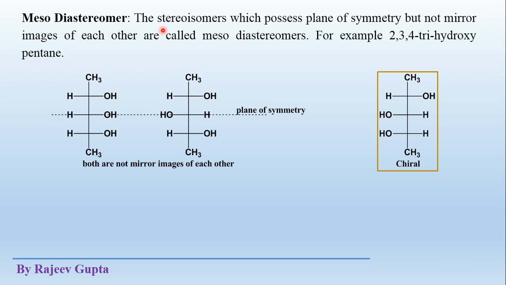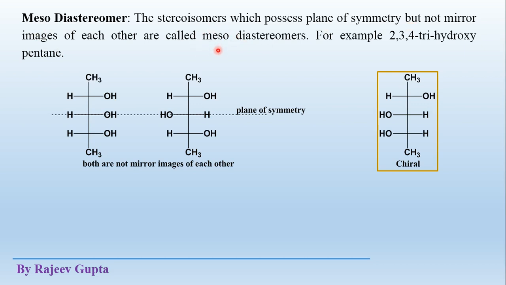First we see the definition. The stereoisomers which possess a plane of symmetry but are not mirror images of each other are called meso diastereomers. Okay, means two structures which possess a plane of symmetry, but these two structures or two compounds are not mirror images of each other, then these are called meso diastereomers. Why are these meso?